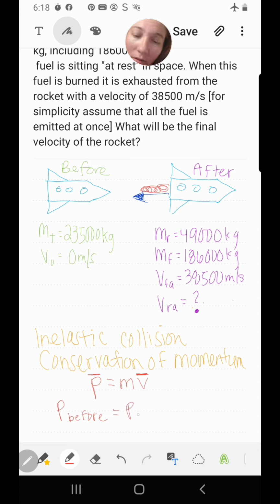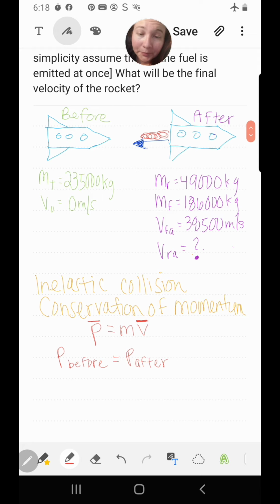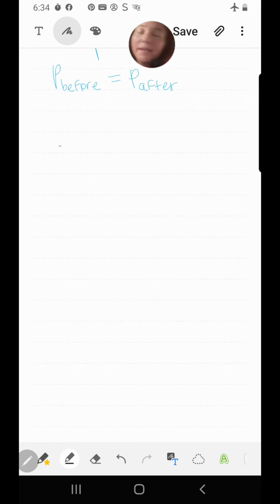Okay, so let's set up the problem. We have the total mass multiplied by the initial velocity, and that is equal to the negative mass of the fuel multiplied by the velocity of the fuel.